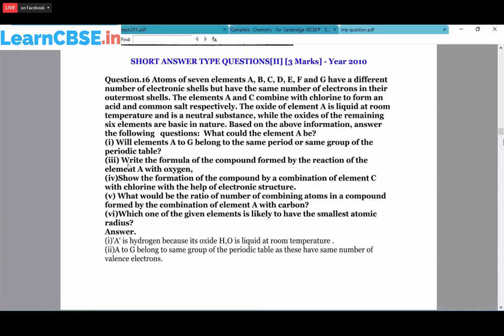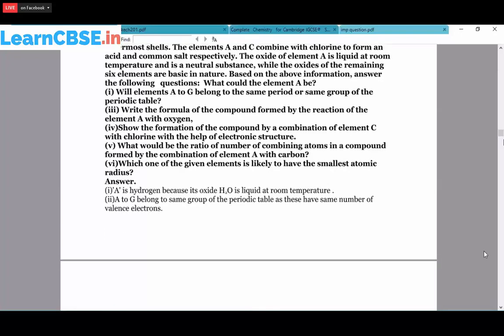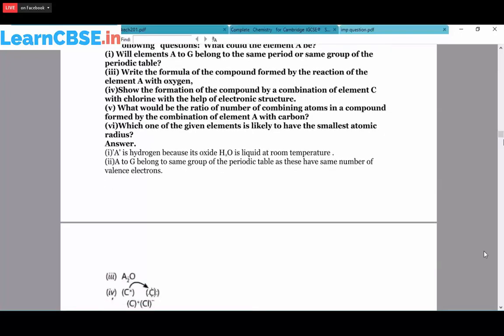Next question. Write the formula of the compound formed by the reaction of the element A with the oxygen. Yes, that is H2O, right? Because A is the element hydrogen. So when it combines with the oxygen, it forms A2O, so the formula of the compound is A2O.